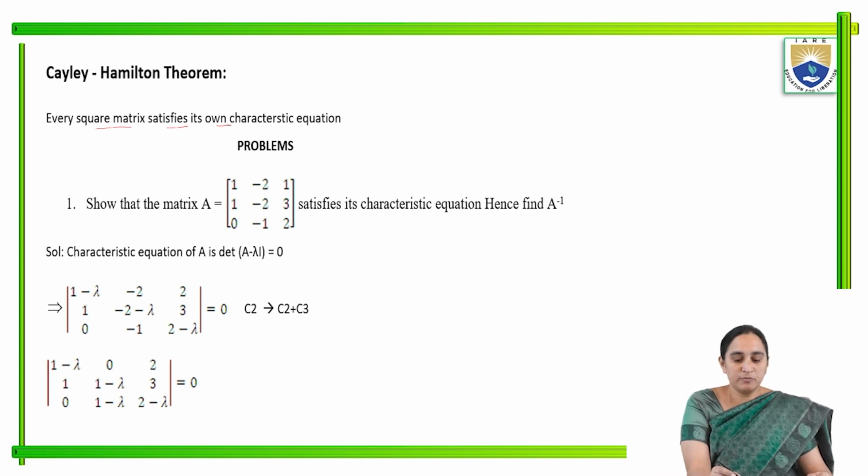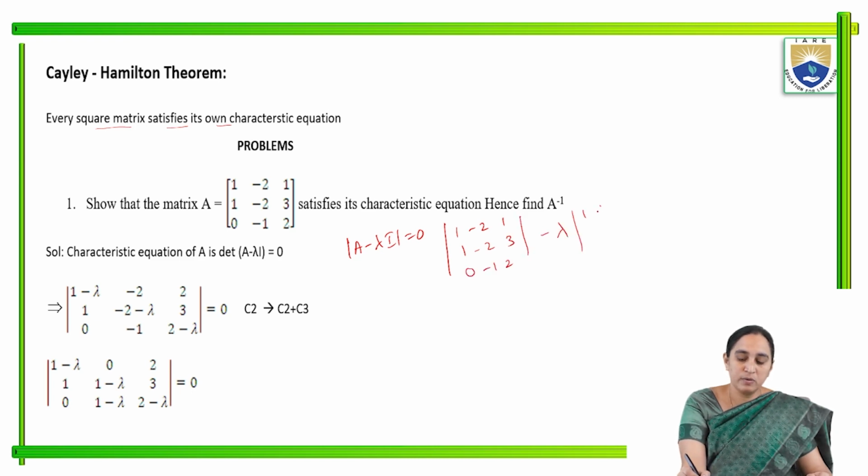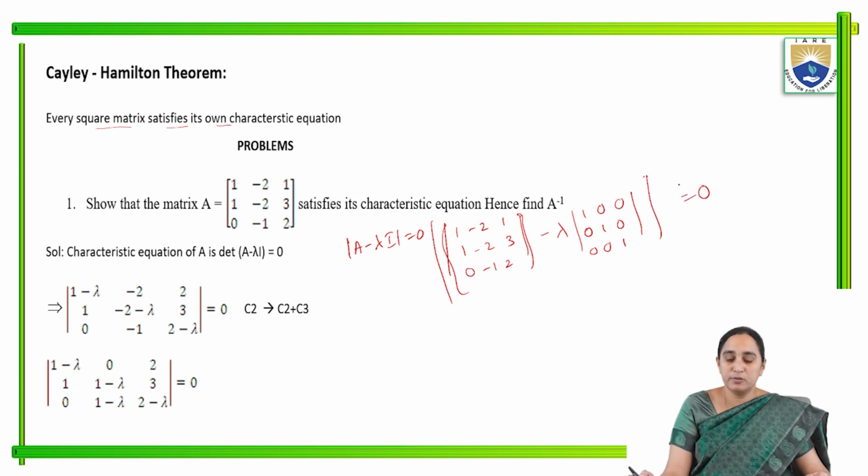From that, what is the form of det(A minus lambda I)? It is the determinant of A, that is [1 -2 1; 1 -2 3; 0 -1 2], minus lambda times the identity matrix [1 0 0; 0 1 0; 0 0 1], equal to 0.